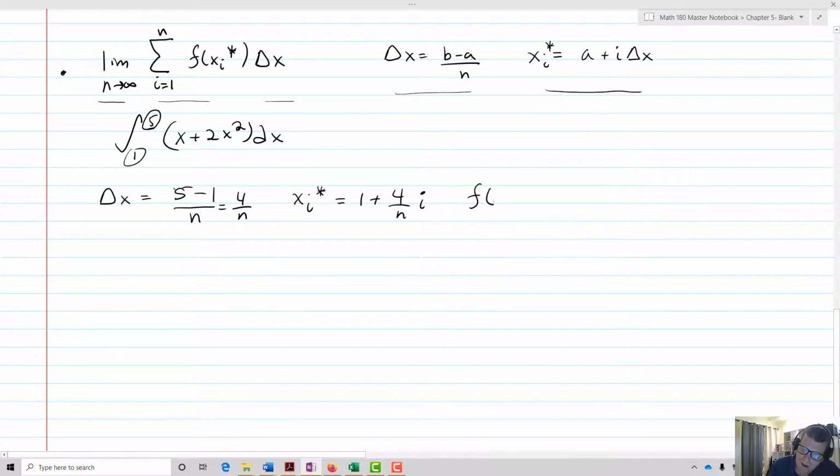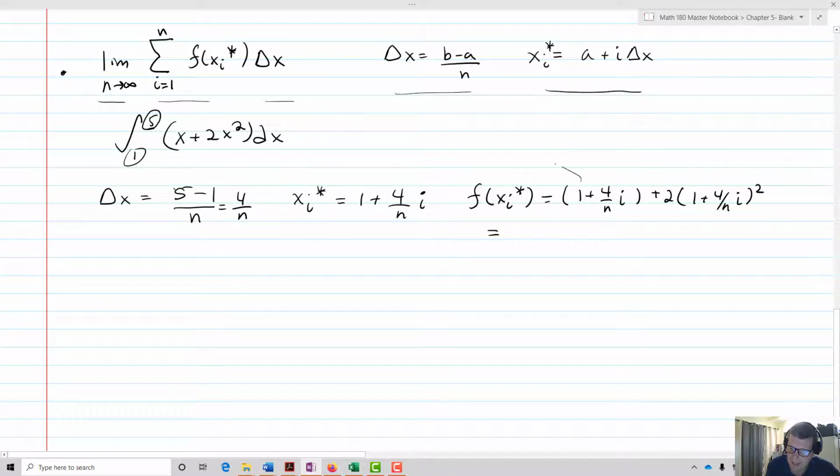And then f of xi star is going to equal 1 plus 4 over n i plus 2 times 1 plus 4 over n i squared. Okay? And if I wanted to, what I could do is I could just distribute it all out.